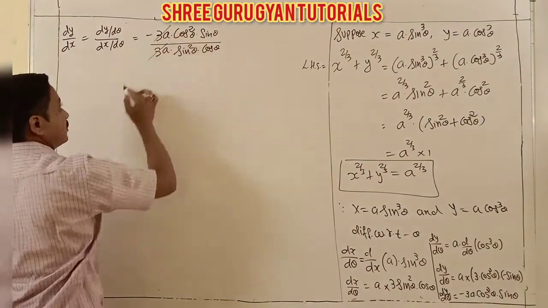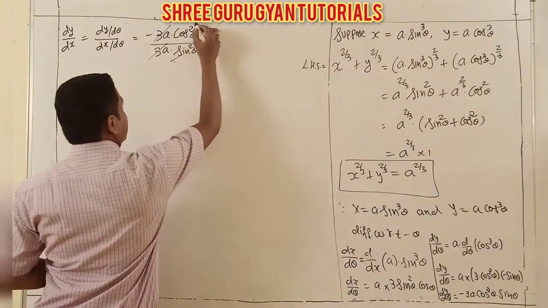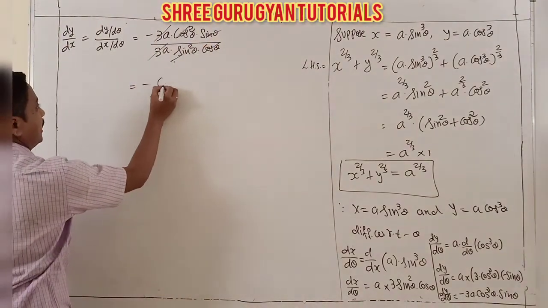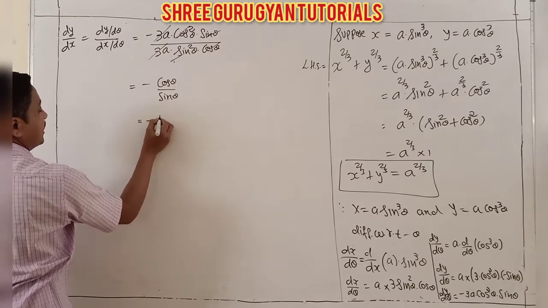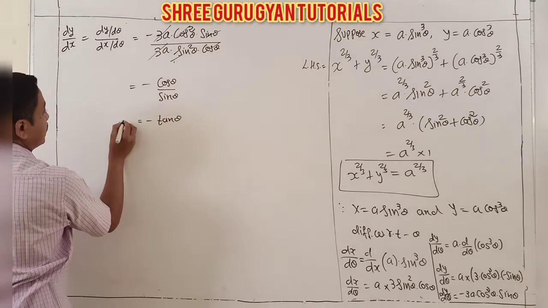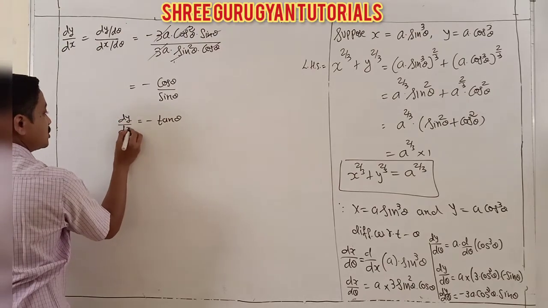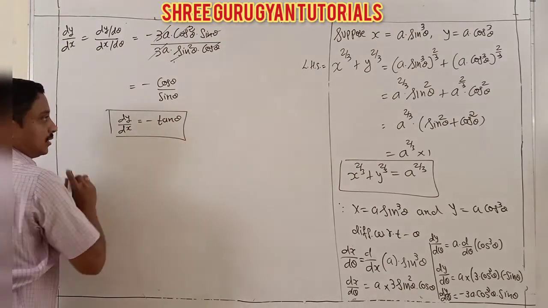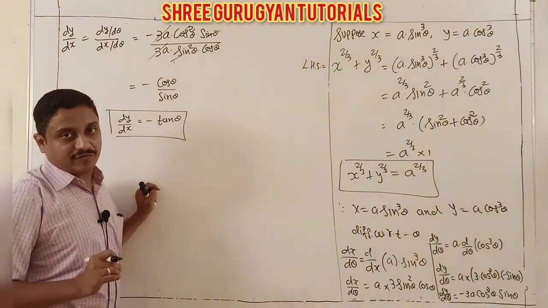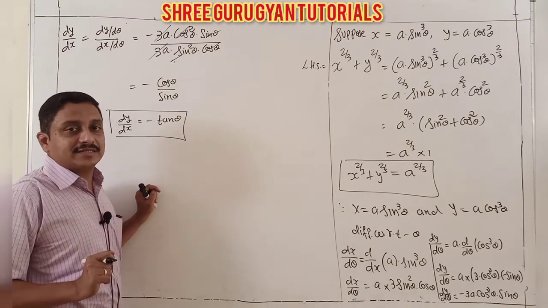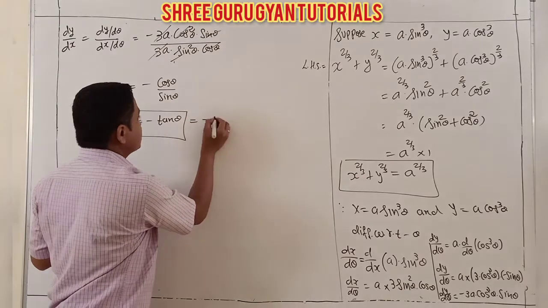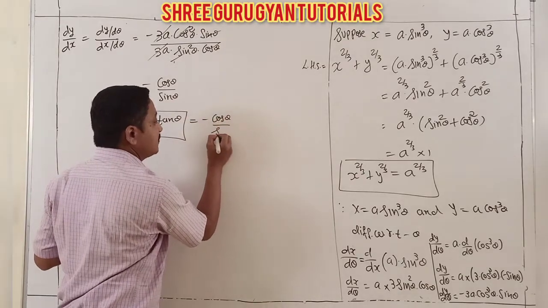Check: 3a and 3a gone, sin gone, cos gone, only cos by sin, and that is tan theta. This numerical is actually done according to your parametric form. But the previous answer and this answer are the same because I just mentioned cos by sin again.